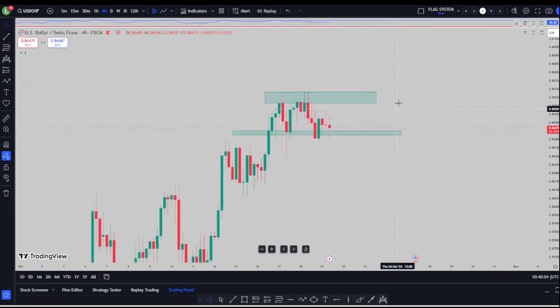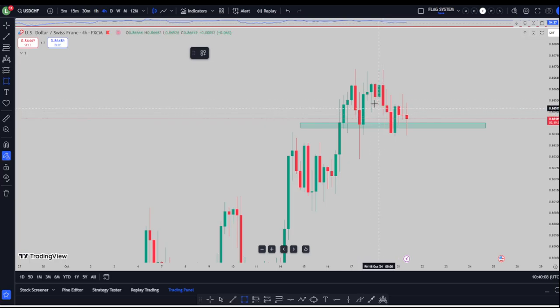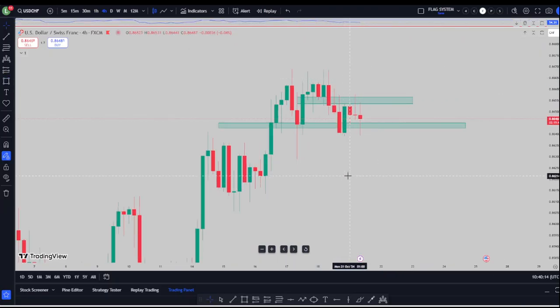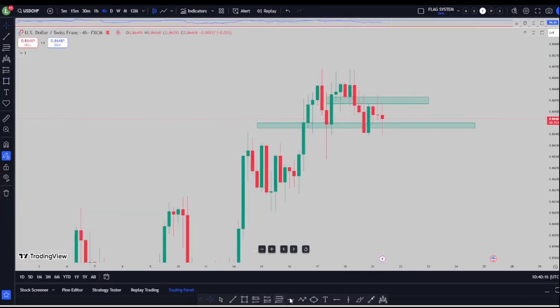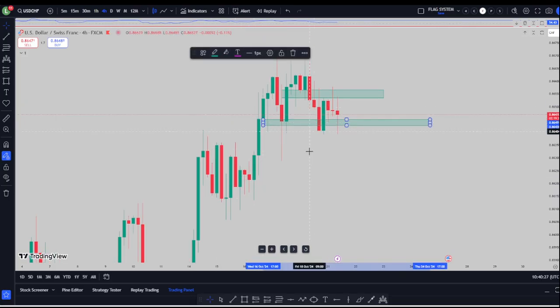So what we are expecting now, price just retested this zone for the past 4 or 6 hours ago, right? So this is the zone where we're anticipating to take a sell opportunity. Currently, in our VIP mentorship program, we are already selling this USDCHF.